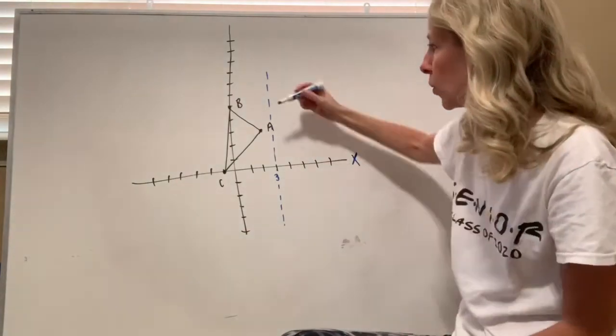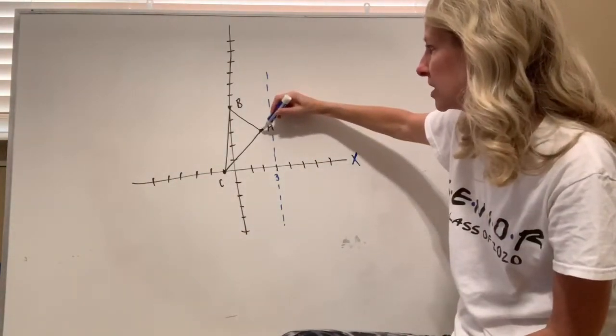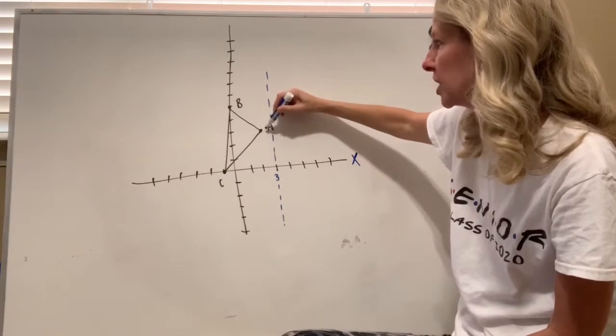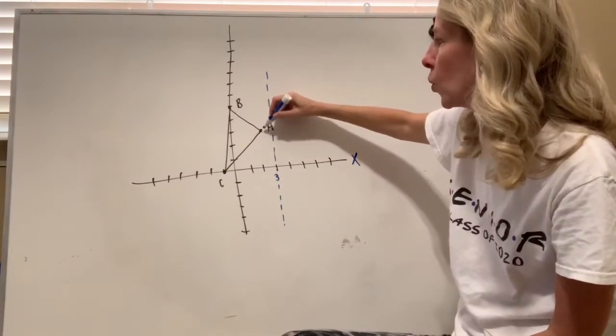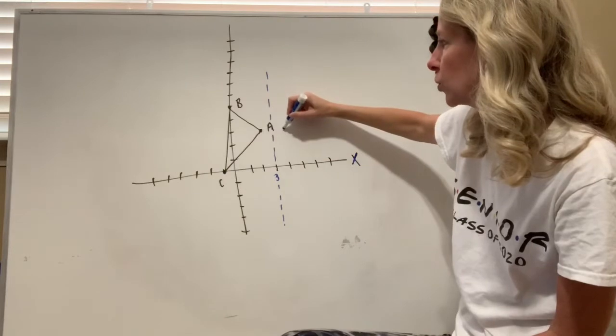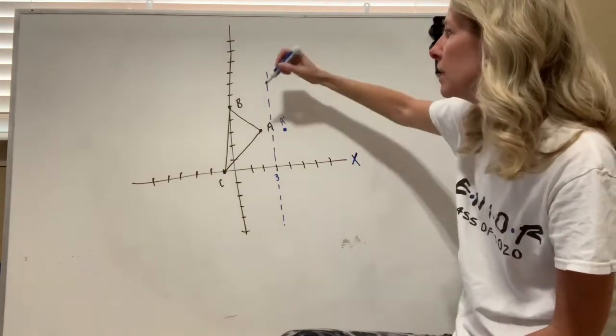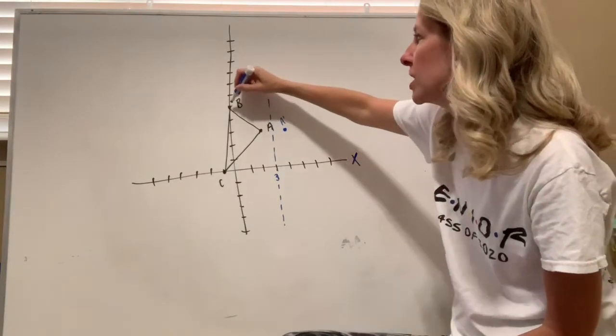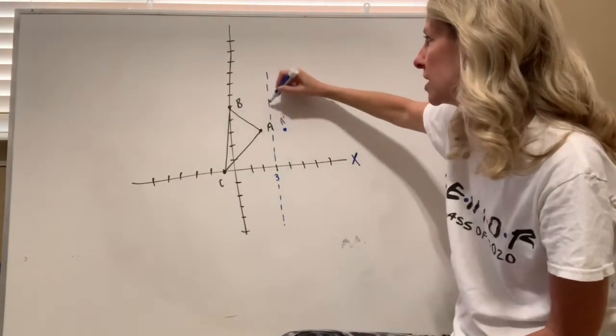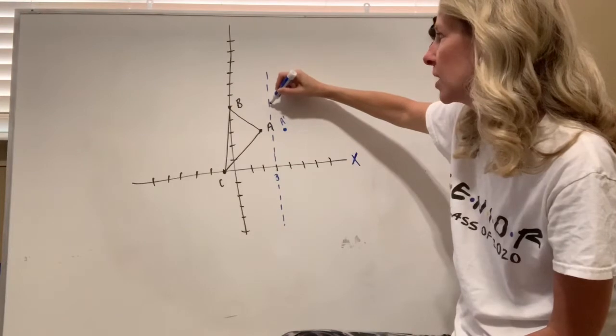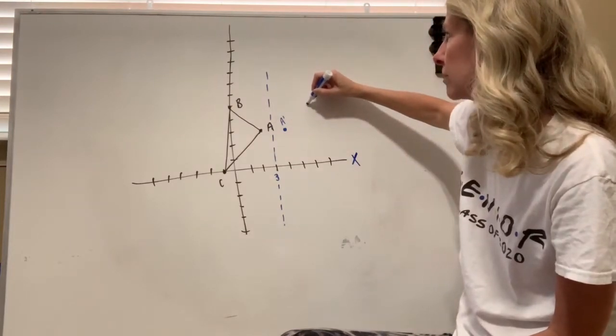So if you think about where A is, this point A, it's 1 unit away from the blue dotted line. So if it's 1 unit to the left, then the reflection would move 1 unit to the right. So here's A prime. B is 3 units to the left, which means from our line of reflection, this dotted line, we need to move 3 units to the right.